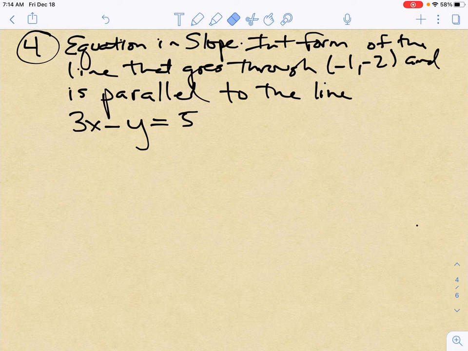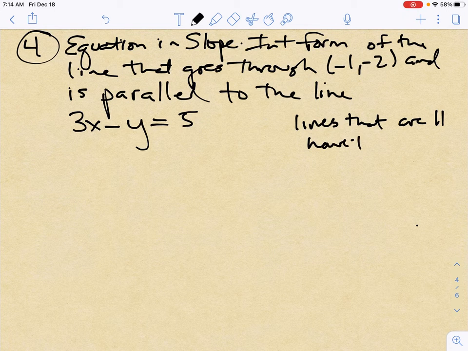All right, so the big thing to recognize here, and what I think any teacher is looking for, is that lines that are parallel have the same slope.